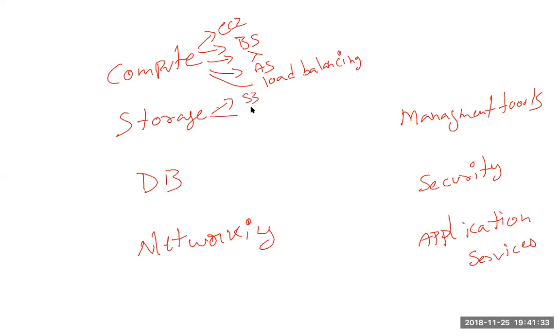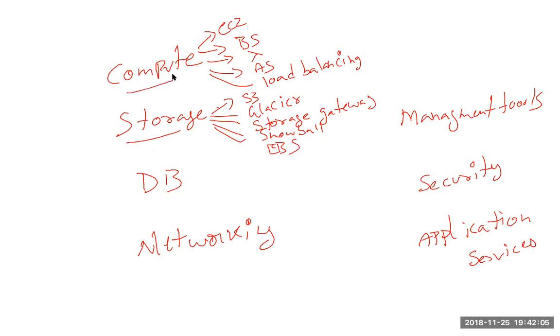One is S3, second is Glacier. I have another service called Storage Gateway, and we have Snowball and EBS, Elastic Block Storage. So these are the services which are there in the category called storage. These are the services which are there in the category called compute.